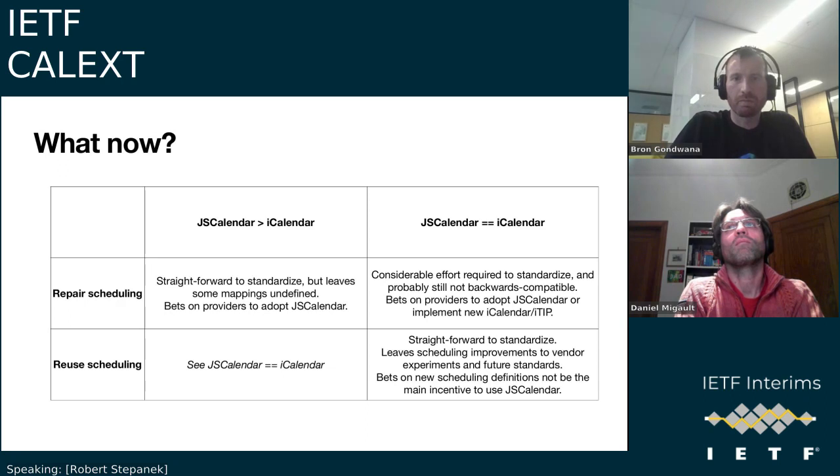I mean, we can define whatever we want basically, but it means that we can't map everything to iCalendar. And I think this makes sense if we bet on providers to adopt JS Calendar. Otherwise, it's more or less dead features. I mean, to adopt JS Calendar soon, that's kind of missing in this slide here.